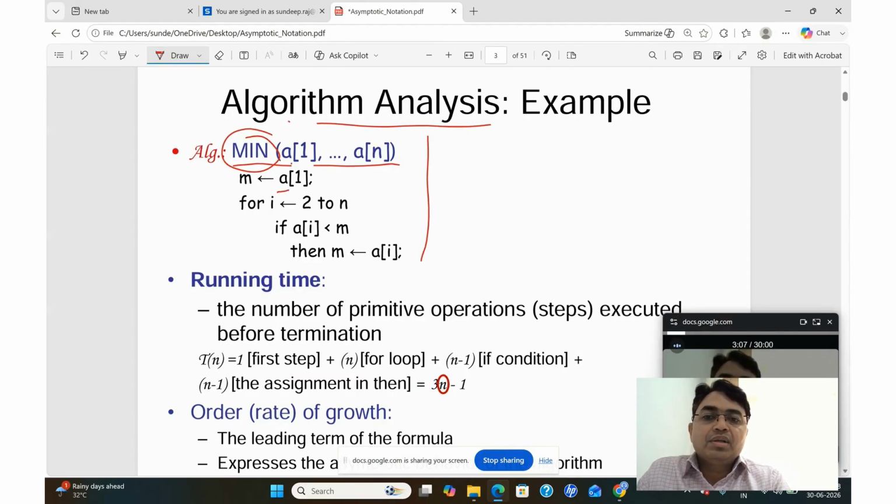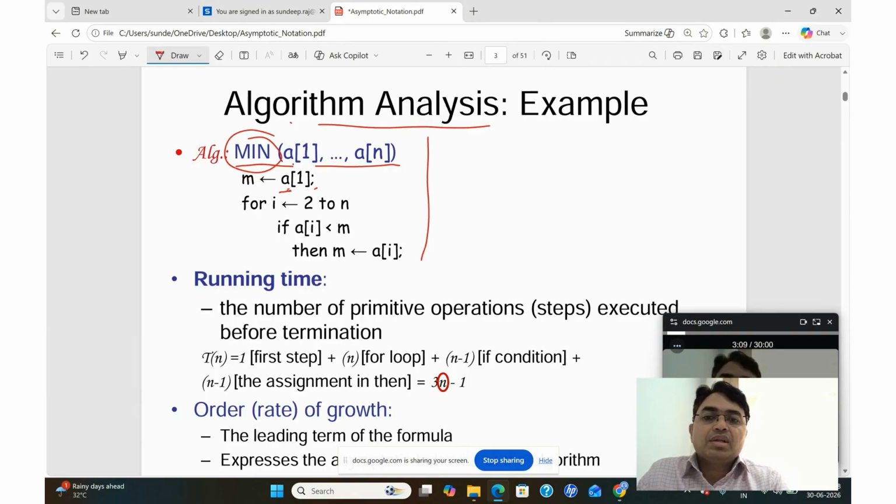We will assign a1, the first element, to the variable m in the first step. After that, we will run a for loop from the second element to the nth element, with index i.